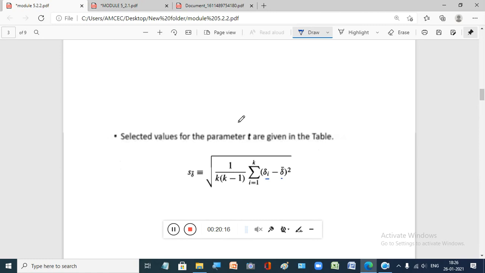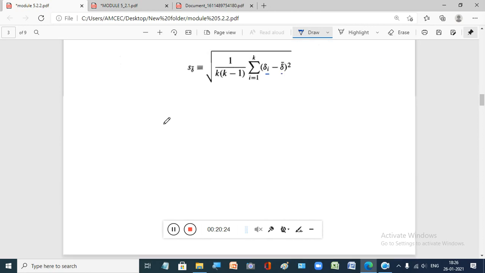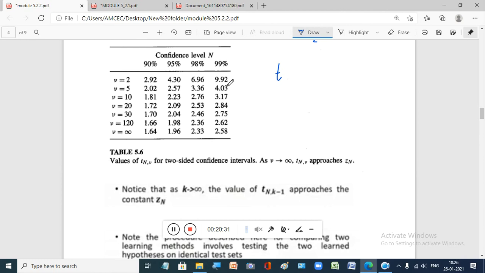So we have a table called the t table. Just like the z score, for each confidence level we have the degrees of freedom, and we get that particular constant value.